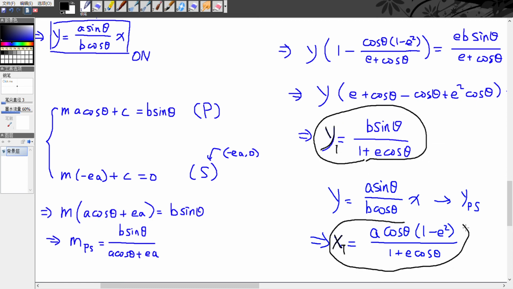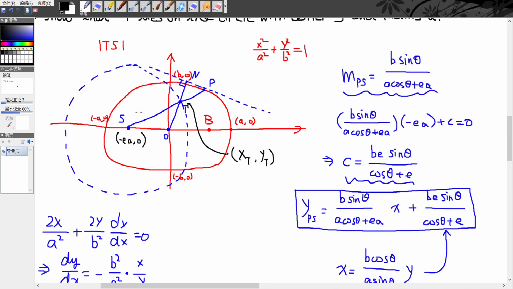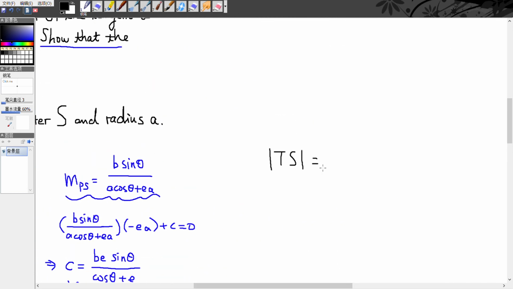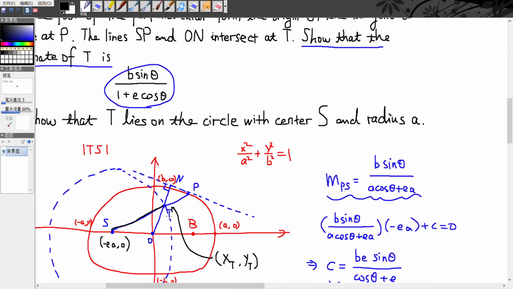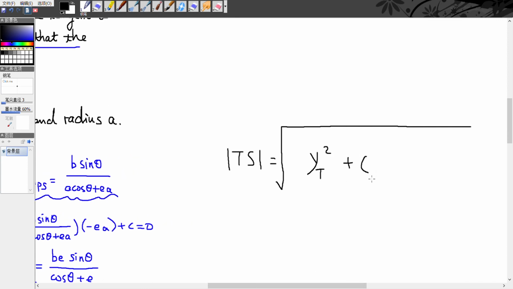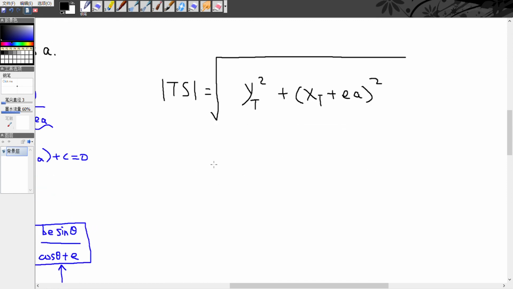So the modulus of TS is literally equal to the square root of yt squared plus xt plus ea squared. This is the value of TS.